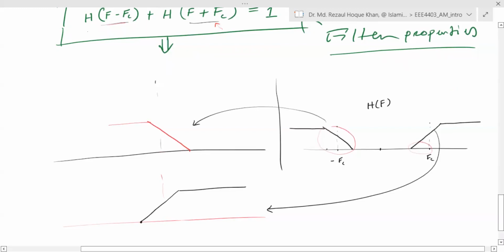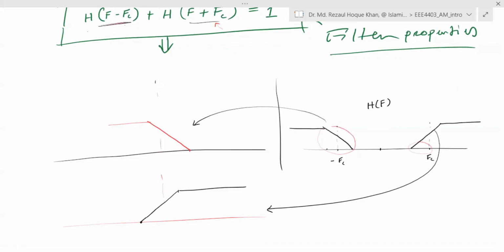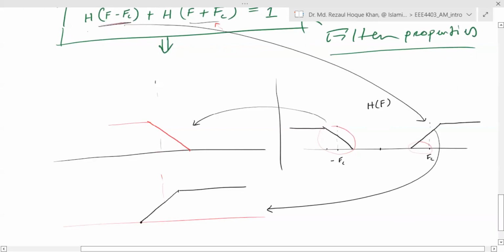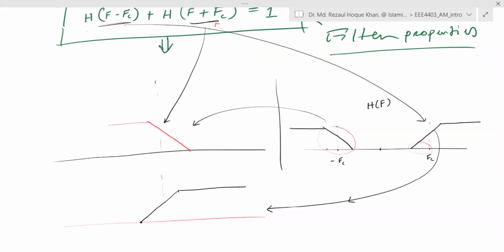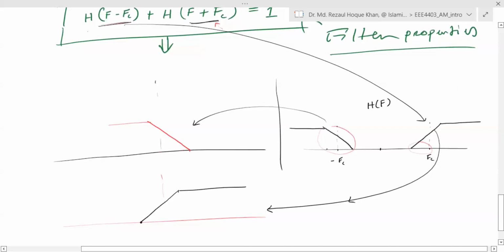It was at FC, but because of this FC minus FC, this one, you see this term will shift this one to this, and this term will shift this to this.